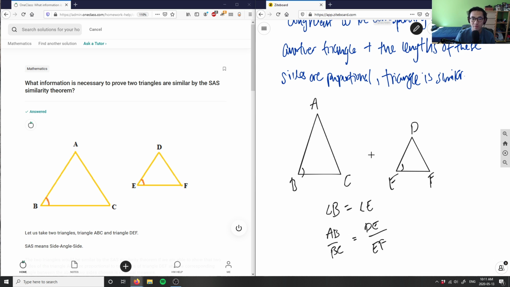So if the angles are the same and I want the sides to be proportional, I need these two pieces of information to be true to prove similarity.